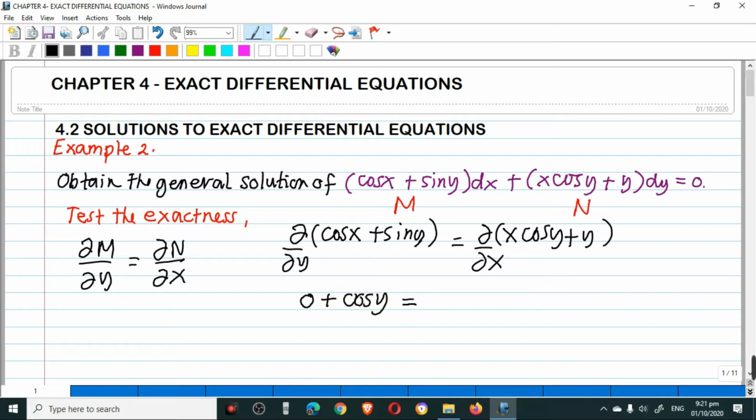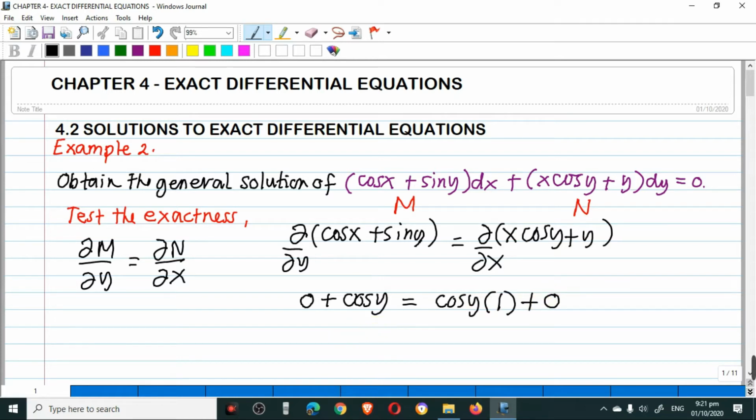For the derivative of the right side, since we are differentiating with respect to x, we treat y as a constant. So, copy the constant, the first term, cosine of y. Then find the derivative of x, which is simply 1, plus, since y is a constant, the derivative of a constant is equal to 0.